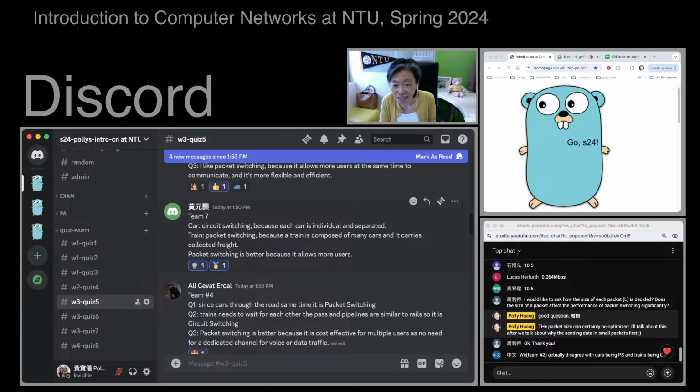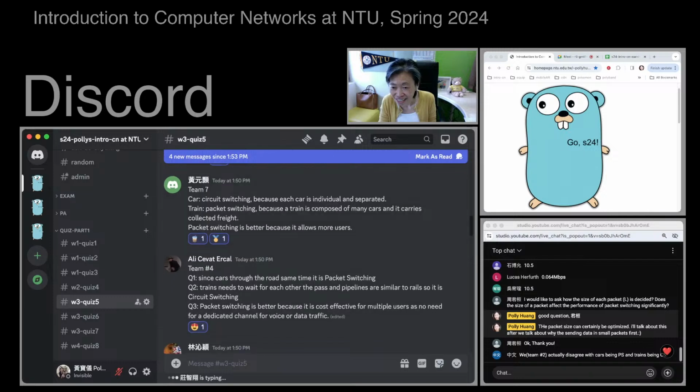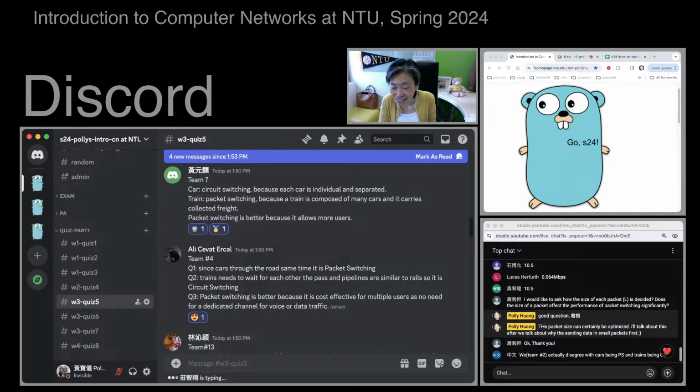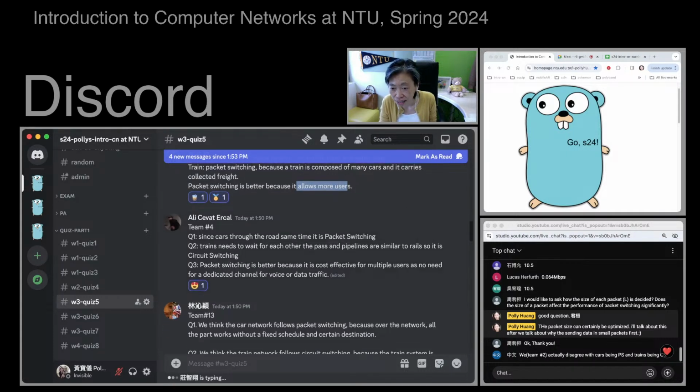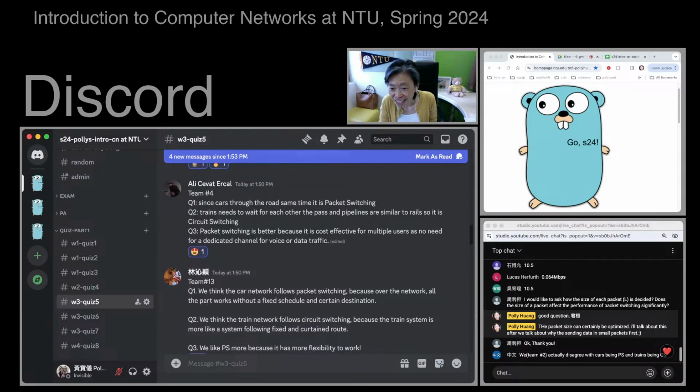Interesting. I guess people go on and off the train, right? A train having carts, a collection of carts, it's almost like packets, right? A flight of packets. I see. It allows more users based on the examples that we've seen in the class. All right, so yeah, I understand.